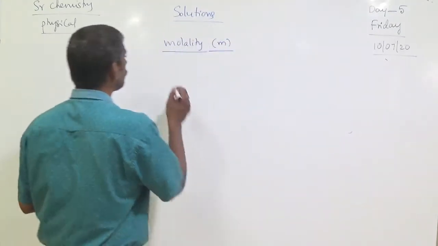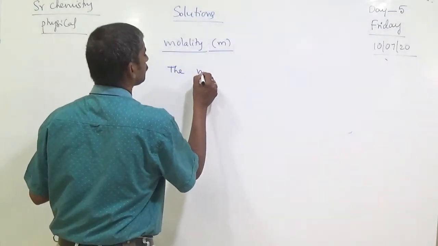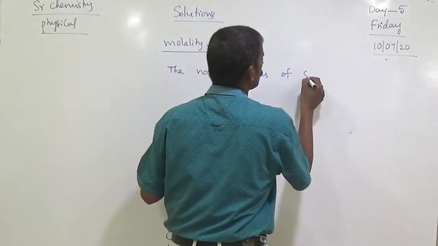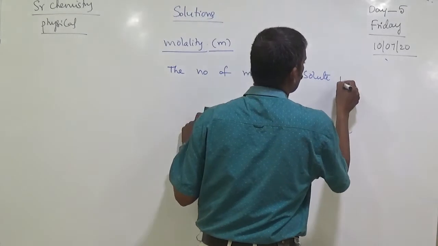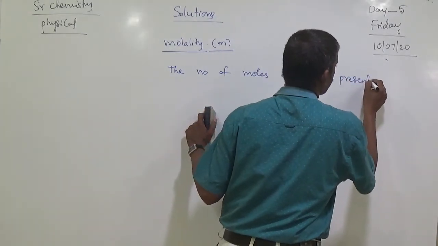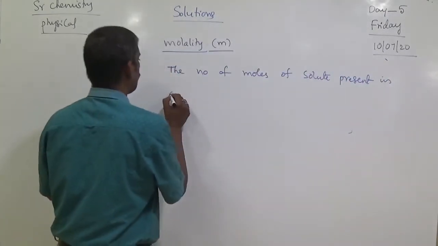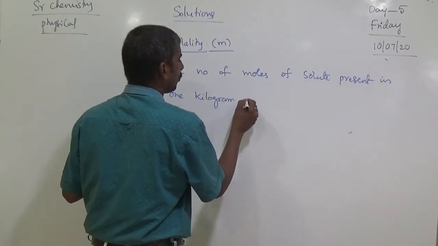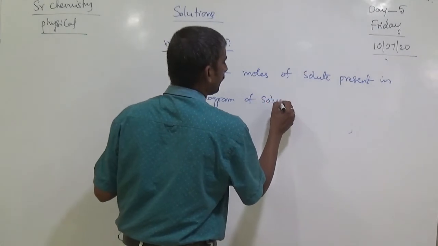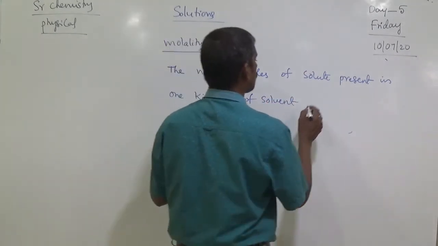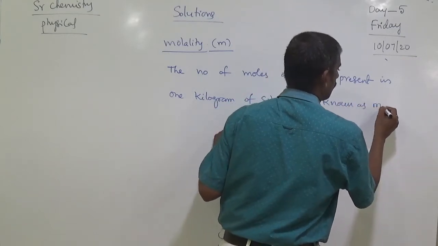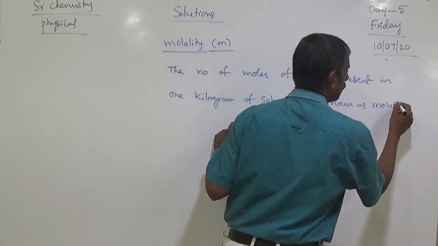I will write the definition. The number of moles of solute present in 1 kilogram of solvent is known as molality.